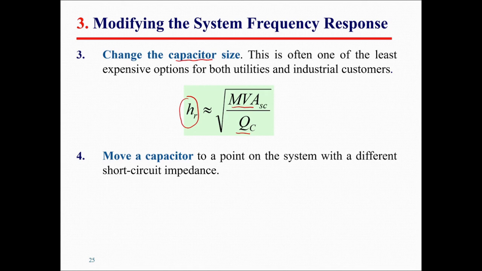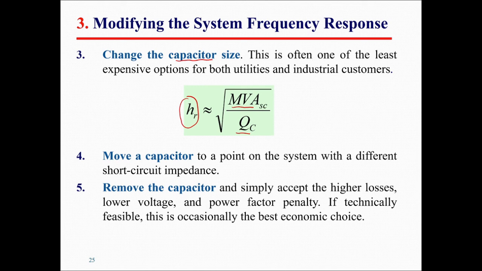Move the capacitor to a point on the system with a different short circuit impedance. So this is changing the location of the capacitor. Remove the capacitor and accept the higher losses, lower voltage and power factor. If technically feasible, this is occasionally the best economical choice.